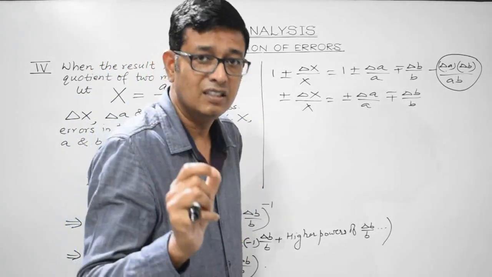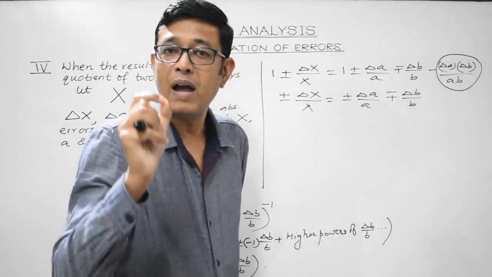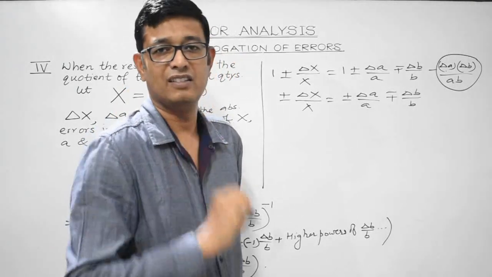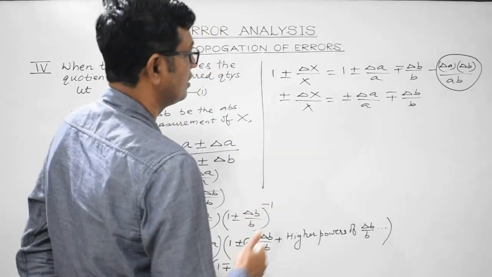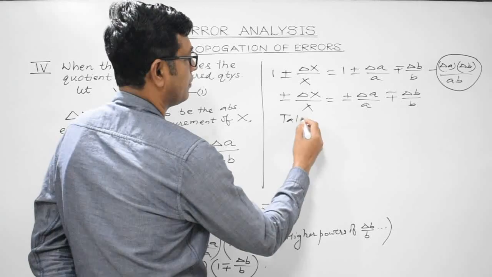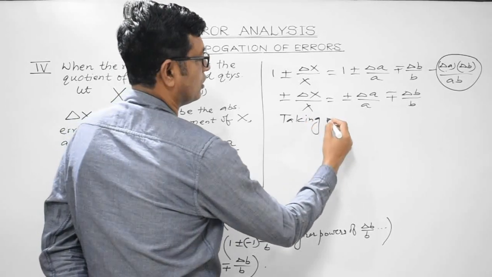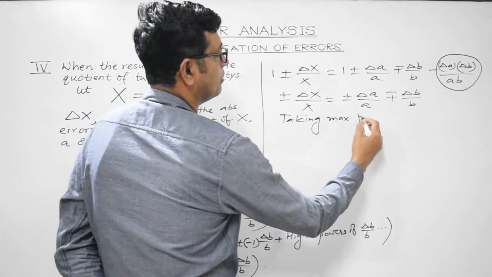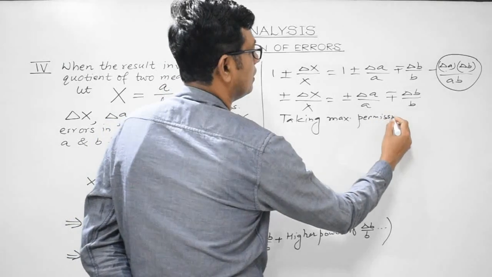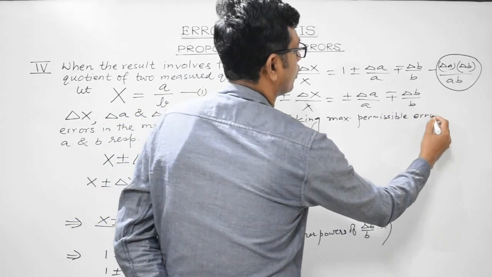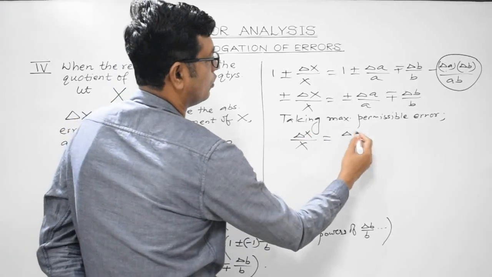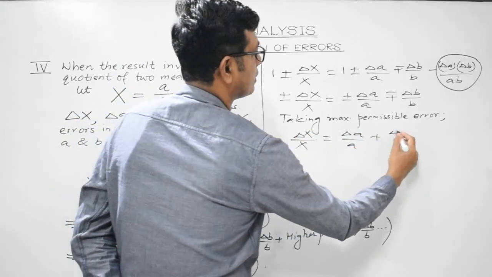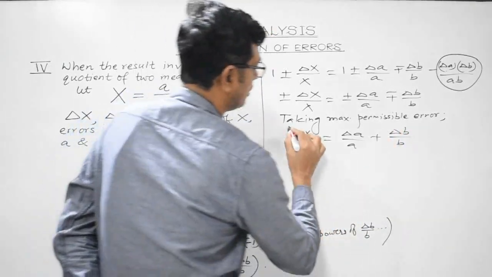While dealing with errors, we always consider maximum permissible error. I have told you the logic behind this as well, right? So, taking maximum permissible error, what you get is del x by x is equal to del A by A plus del B by B. So, this is the conclusion.